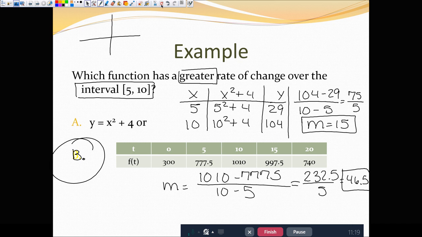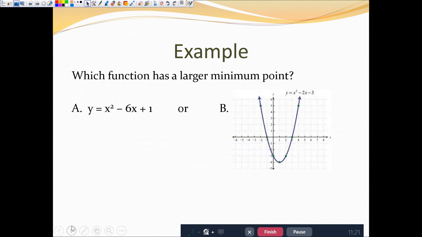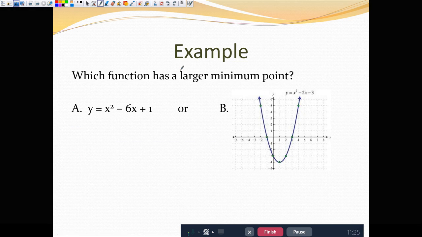For the next one, it's asking which one has a larger minimum value. So that's gonna be my y value of my vertex, okay? B is easy for us to find right now, so let's look at that. What would be my y value here of my minimum point? -4.